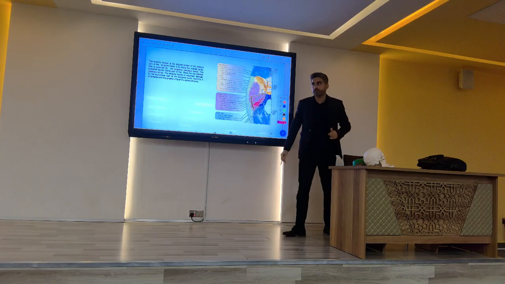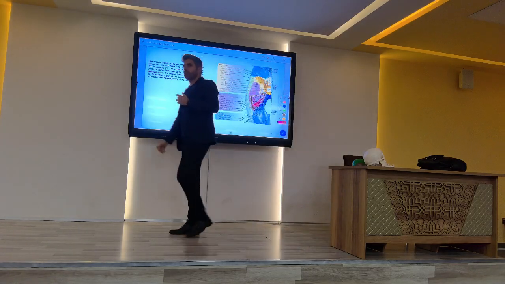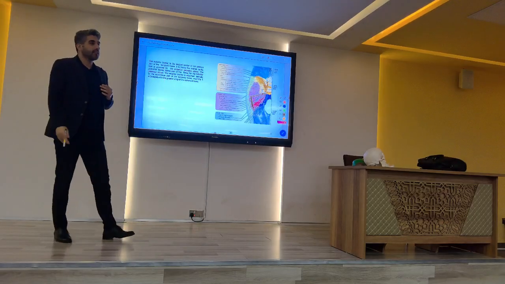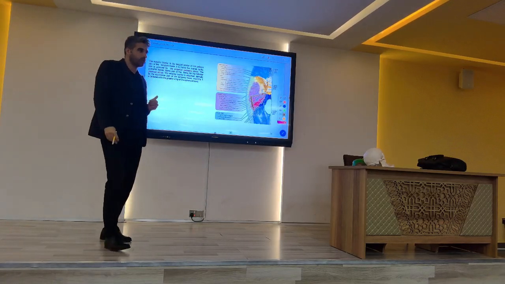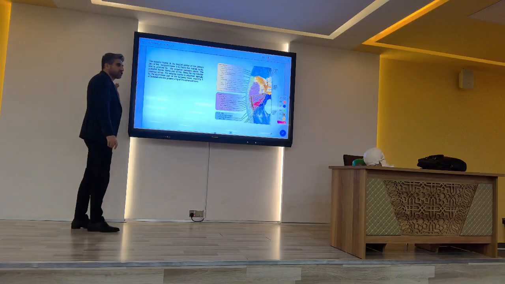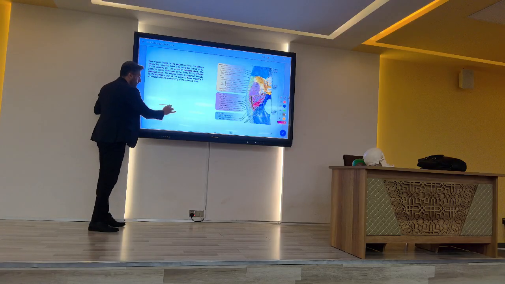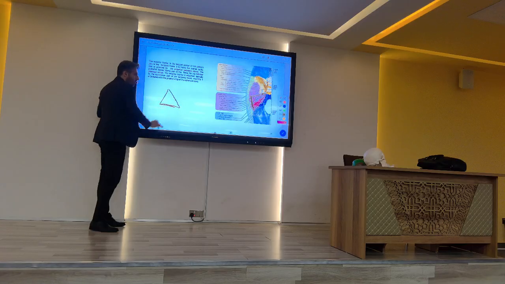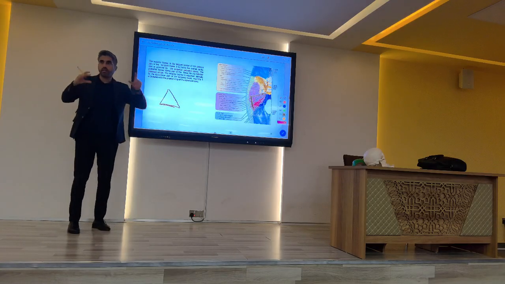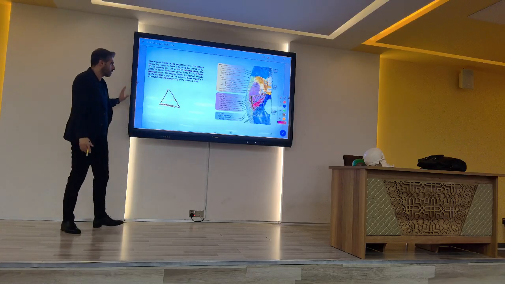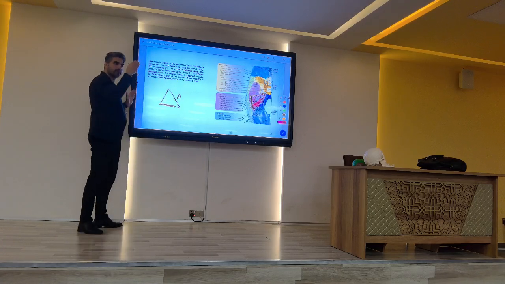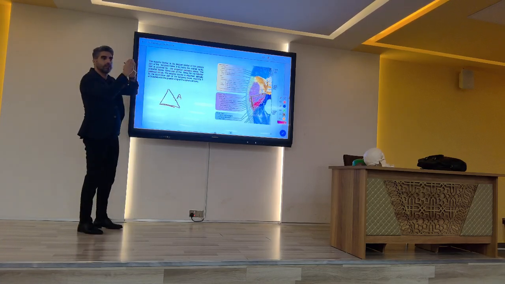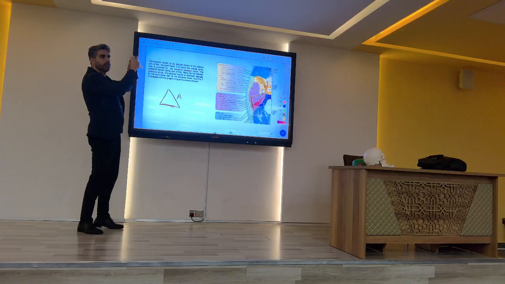Imagine this. When you see this pyramid, it has 3 surfaces and it has 3 borders. How? Look at here. It has this shape. The shape of the petrous is like this. It has one anterior surface, one posterior surface, and one inferior surface.